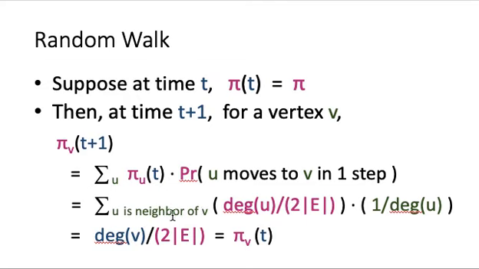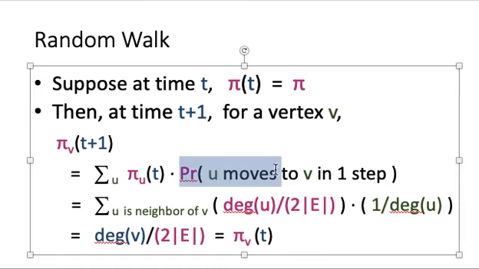When u is a neighbor of v in the original graph, the chance that we move from u to v in one step is exactly 1 over the degree of u. And the corresponding probability that we are at state u before moving is the degree of u divided by 2e, which is what we assumed at time t.